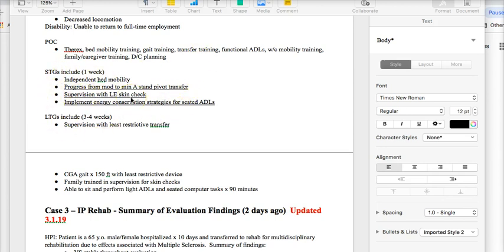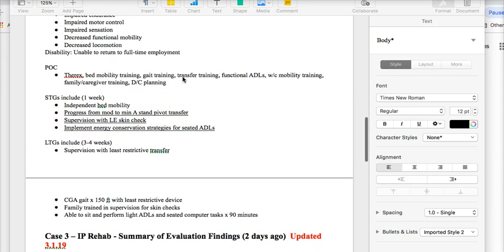Perhaps they're not ready to do the stand pivot transfer. Perhaps that patient may present with more fatigue. Again, my key word here is perhaps, and then it's using your clinical reasoning to make the decision as to whether or not to use an assistive device for transfer activity to progress and optimize energy, as well as providing the opportunity for the patient to participate as much as possible.